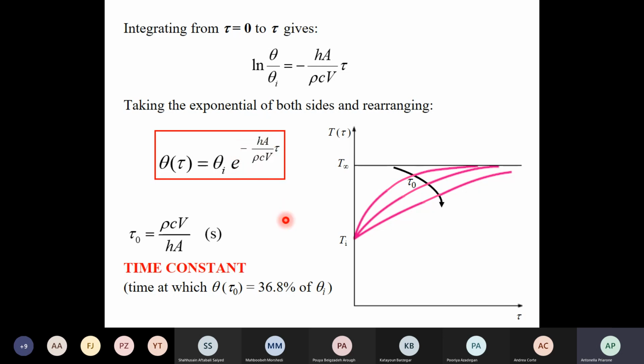E to the minus 1 is exactly this number, 1 divided by e is 0.368. You can verify. This number is obtained by putting tau equal to tau 0, that gives us e to the minus 1, and this is this number.